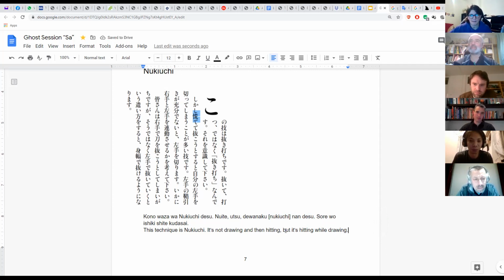I think what he's trying to stress by having te at the end here is that it means to complete the draw, for there to be a break, and then for there to be a hit. It's not this, but nukiuchi means one movement of drawing and hitting in one fluid movement. And then Piotr, sore o ishiki shite kudasai.